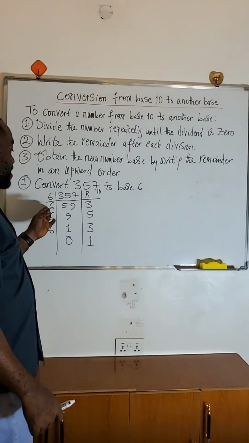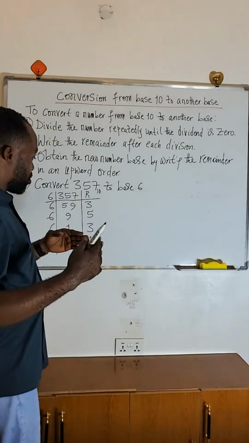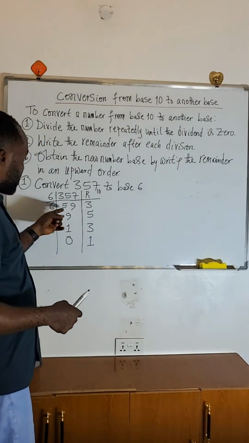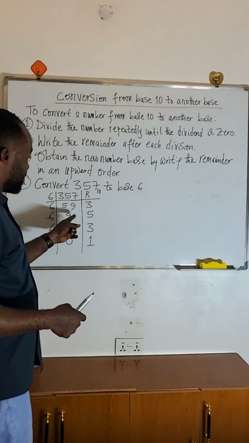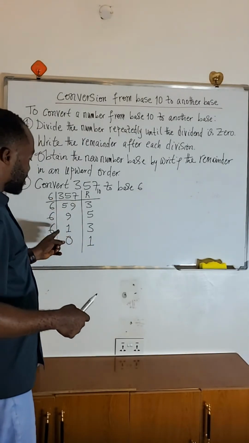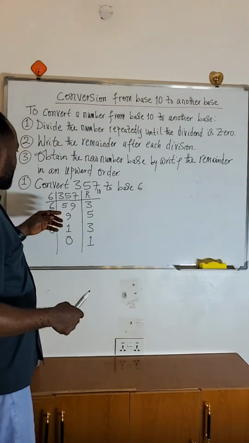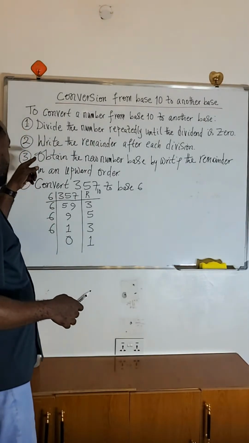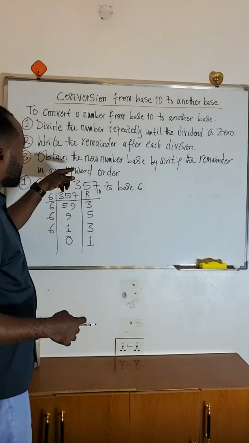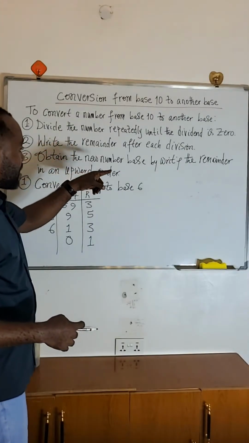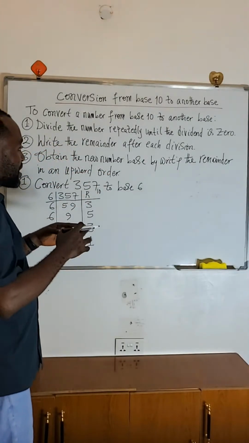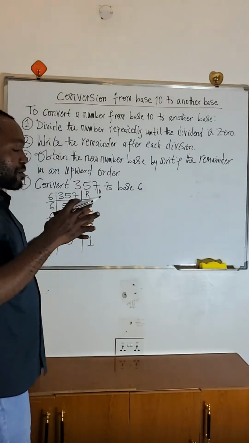And in each step as we go, we've been able to write down the remainder. Now the last one says, for you to obtain the new number base, you have to write the remainder in an upward order.